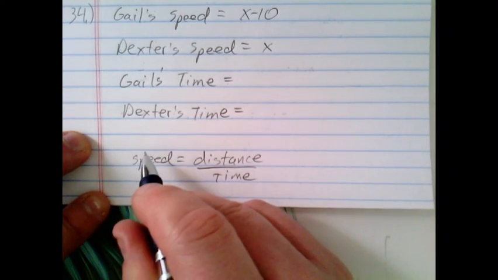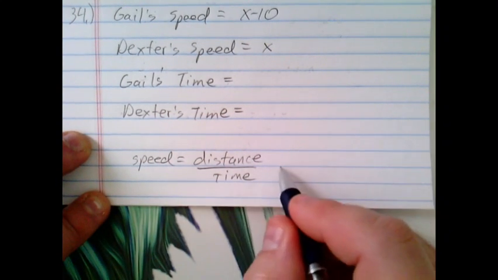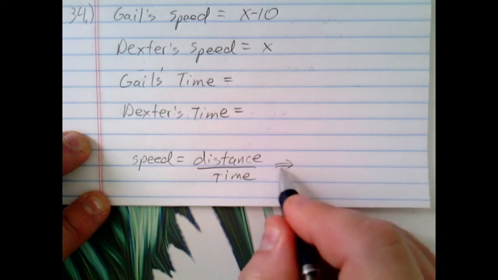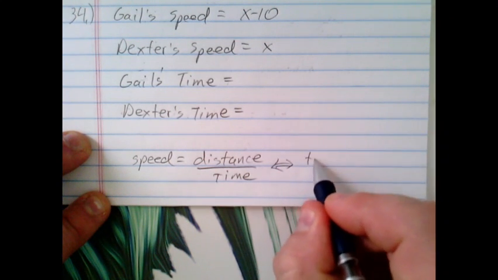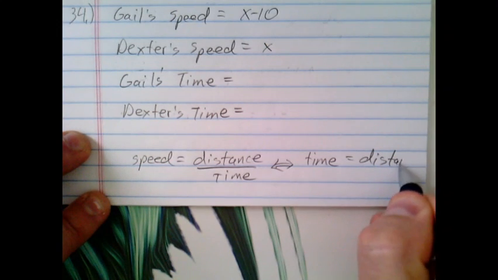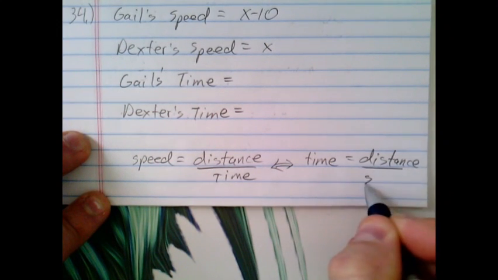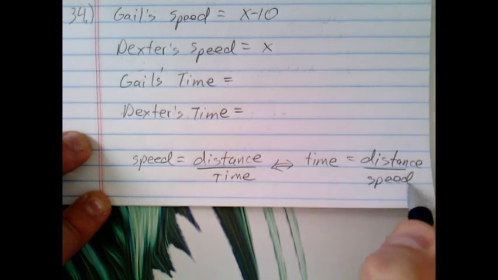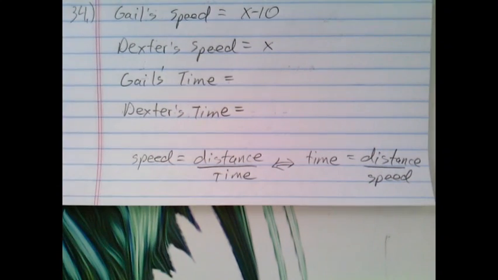But I'm going to bring time up and speed down, just a little bit of algebraic rearrangement to say, hey, time equals distance over speed. And I think that makes sense. If I tell you I went 100 miles and that I was driving 50 miles an hour, you would know it took me 2 hours. You would know you divide the distance by the speed.